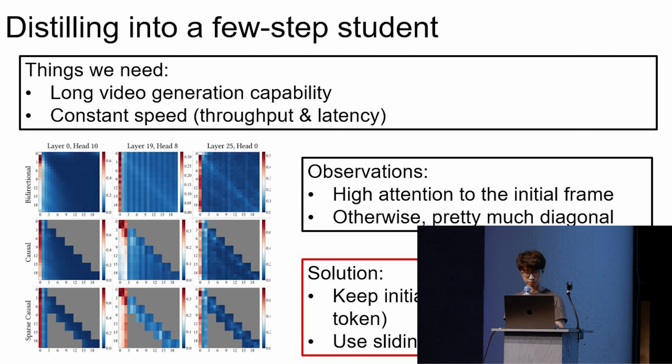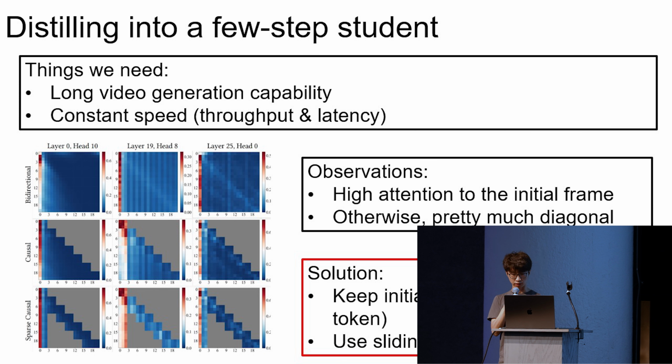For the bidirectional model, we saw some heads that only pay attention to the initial frame, and the causal model has similar heads. Also, most of the time the attention is concentrated in a local diagonal window. The lighter the color is, the heavier the attention is, so you can usually see these diagonal attention patterns.